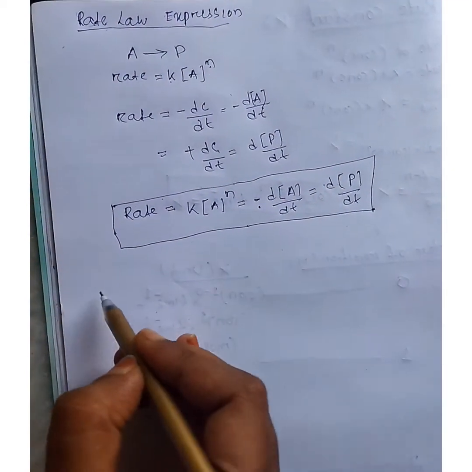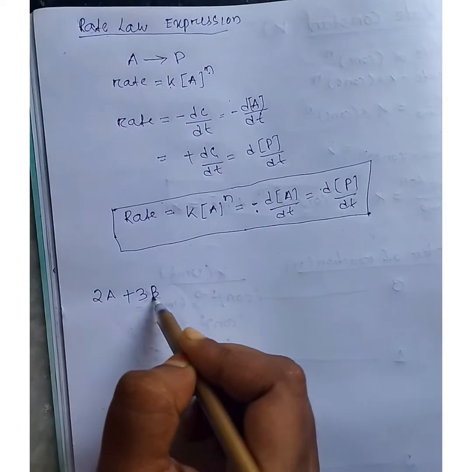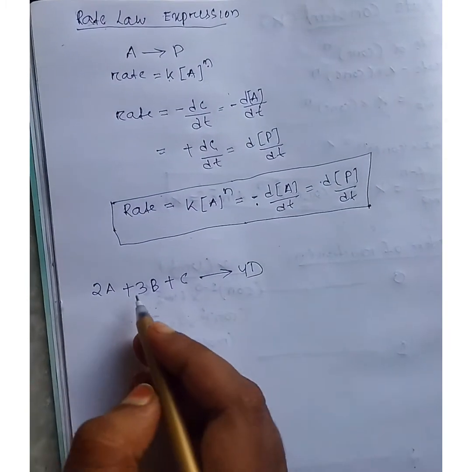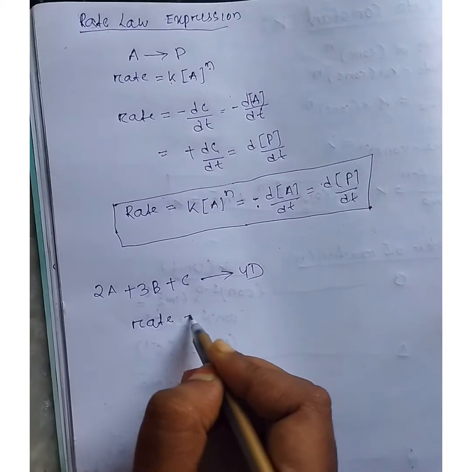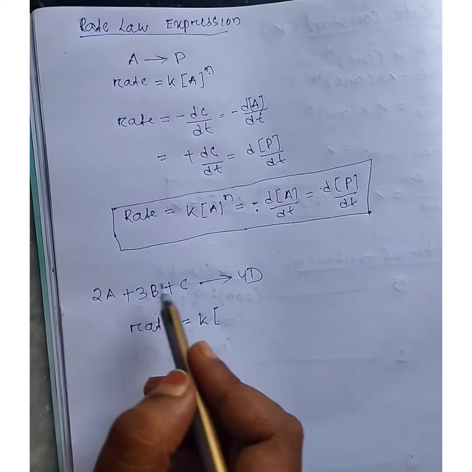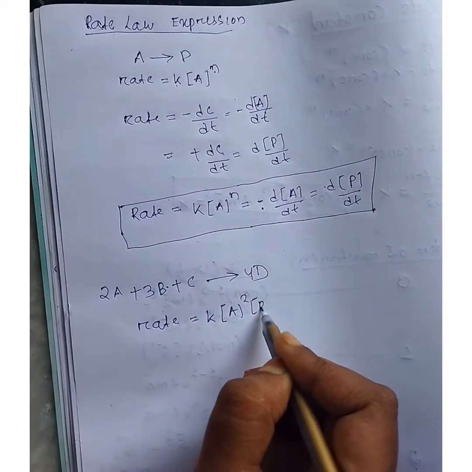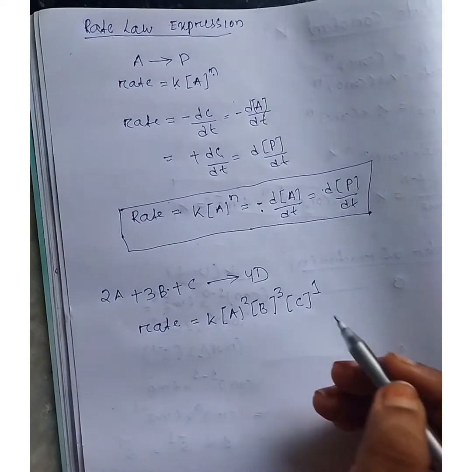Then let's take an example: 2A plus 3B plus C gives rise to 4D. Then what is the rate law expression? Rate is equal to k into, these are the reactants A, B and C, A to the power 2 and B to the power 3 and C to the power 1.